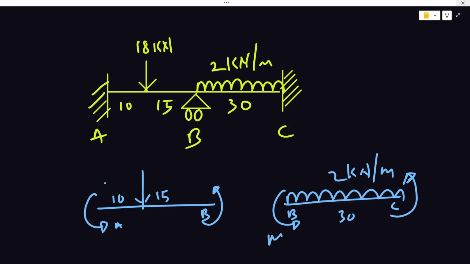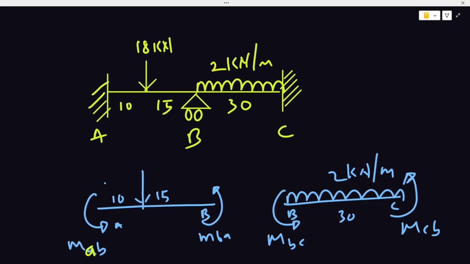So it means that my moments will be MBC, MCB, MAB, MBA, where A represents the near end for this particular beam. For that particular member, AB represents the near end.